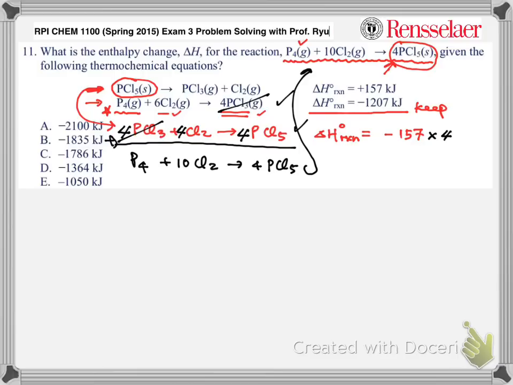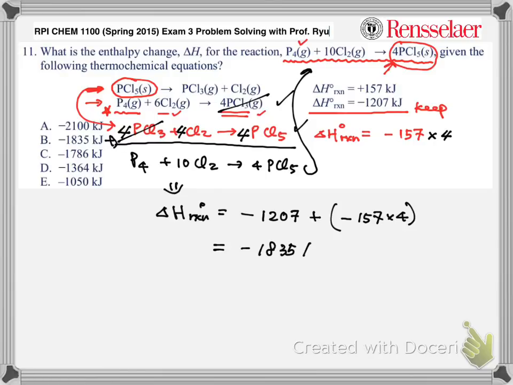Therefore, for this particular reaction, delta H reaction is keeping 1207 kilojoule, and then adding another one, which is minus 147 multiplied by 4. If you do that, you will get minus 1835 kilojoule for this reaction, and the answer is B here.